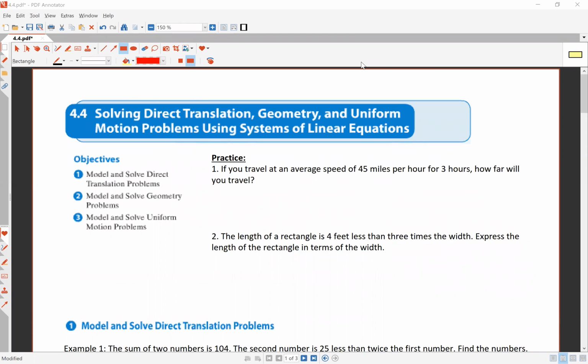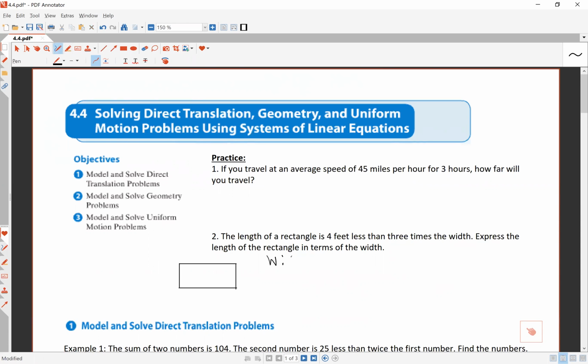The practice 2 problem says the length of a rectangle is 4 feet less than 3 times the width. Express the length of the rectangle in terms of the width. We draw a rectangle, and the length is 4 feet less than 3 times the width.